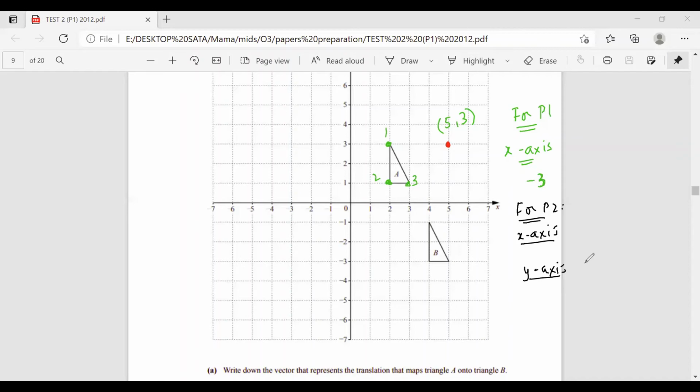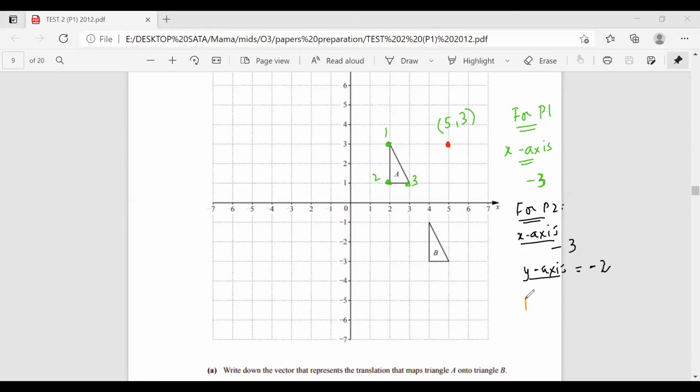That means 2 points on the negative y-axis. After reaching this point, I have to shift to this point by using these coordinates like 1, 2, and 3. So -3 on x-axis. Done.